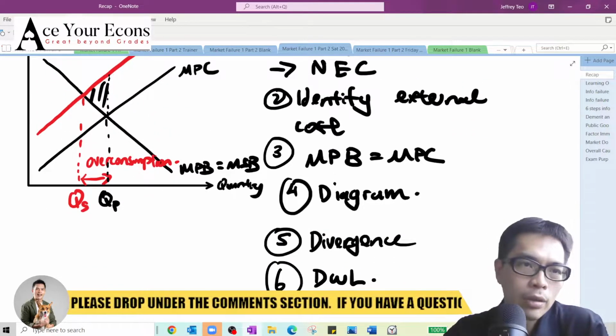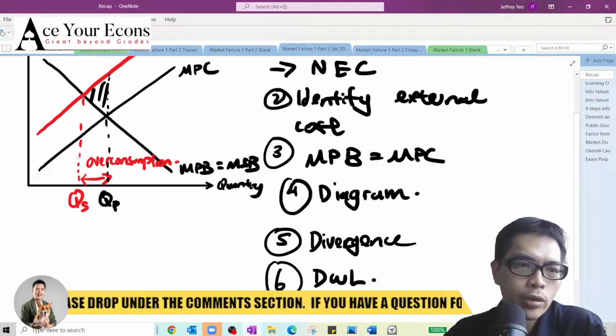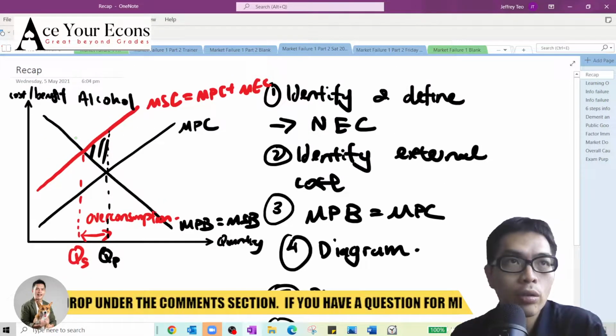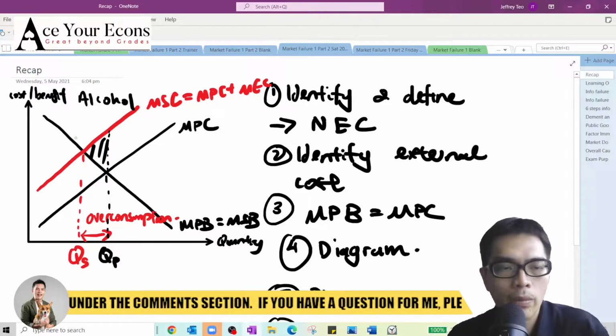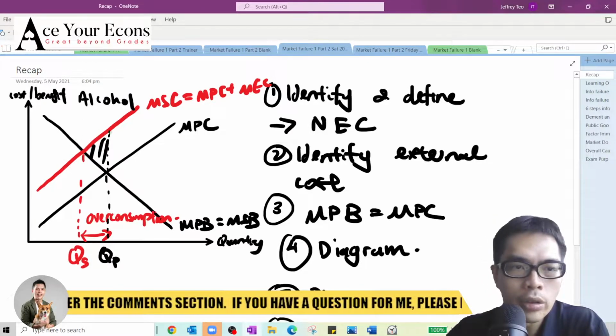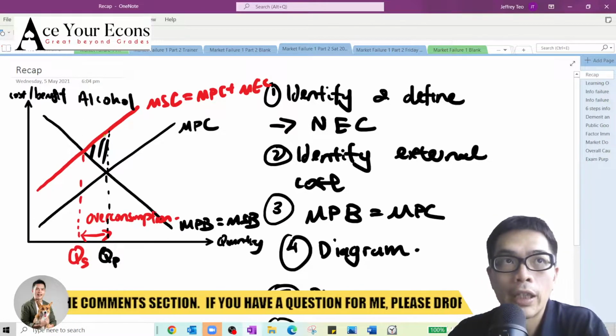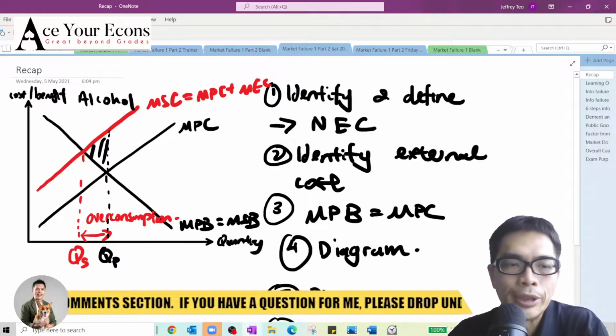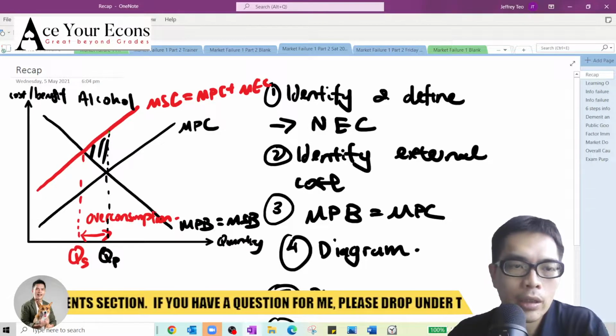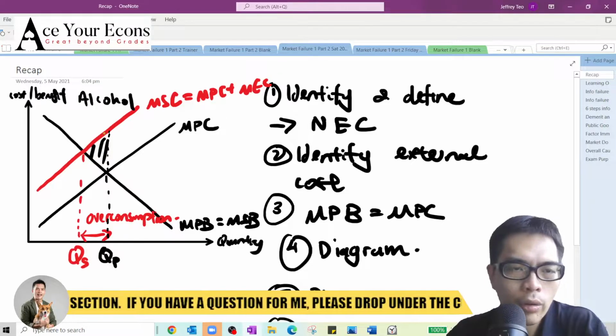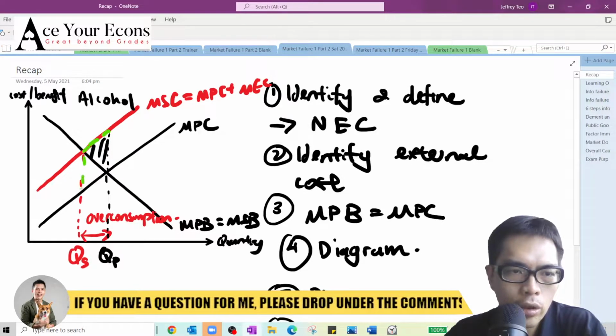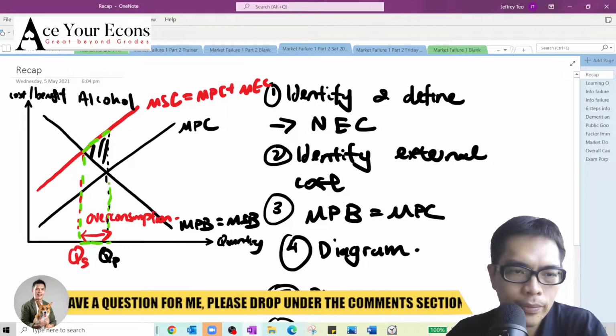Method 1. The trapezium approach requires you to identify the total social cost and total social benefit. The total social cost can be found under your marginal social cost. So the consumption between QS and QP will tell you that the total social cost between these two levels will be the green trapezium.